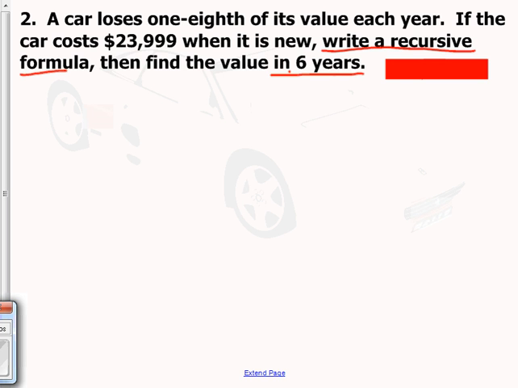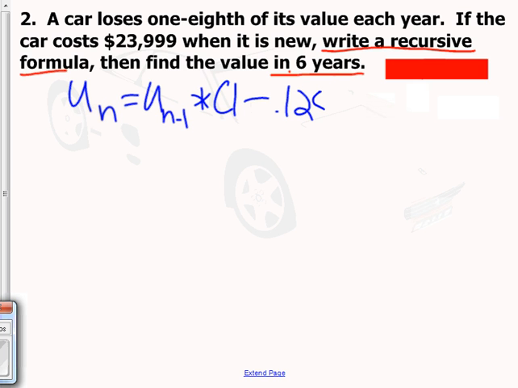Yeah, tell me what you got. I had u sub n equals u sub n minus 1, that's how we're always starting. Yep. And then I had 1 minus, and I'm guessing that's multiplied by? Yeah, multiplied by 1 minus 0.125. And then the other couple of pieces with the formula, what are those?